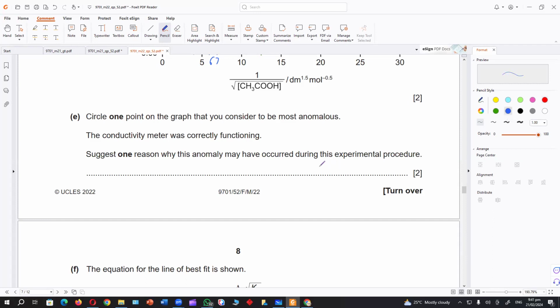Suggest one reason why this anomaly may have occurred during this experimental procedure. What may be the reason? Maybe conductivity is recorded wrong, but he says meter is working right. So maybe the concentration of ethanoic acid.